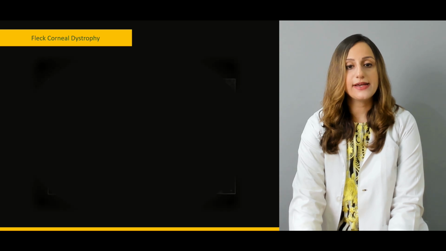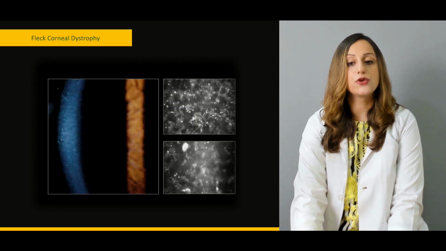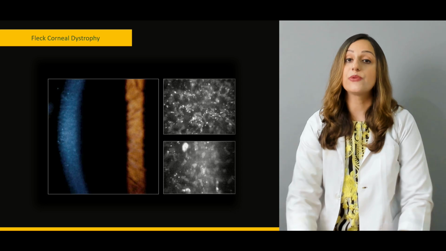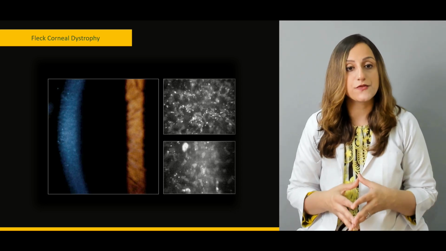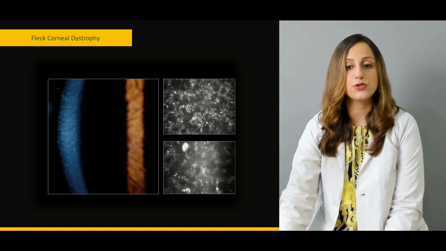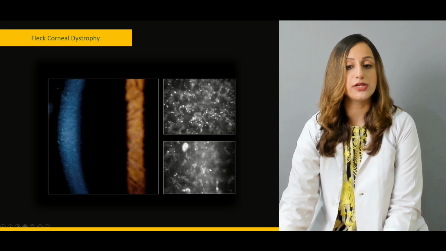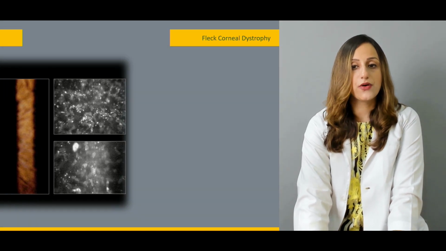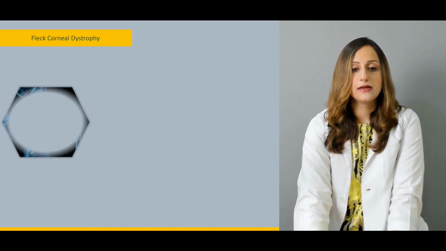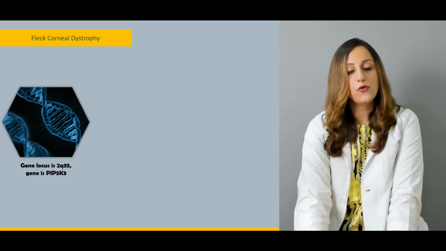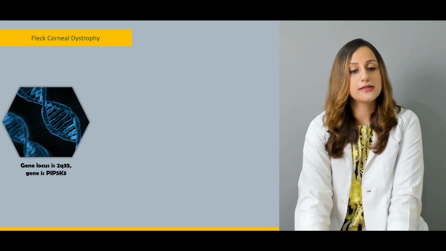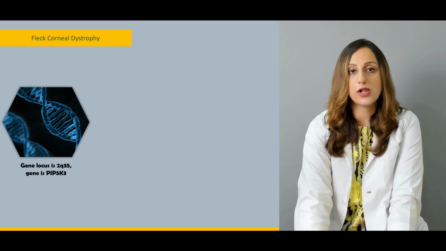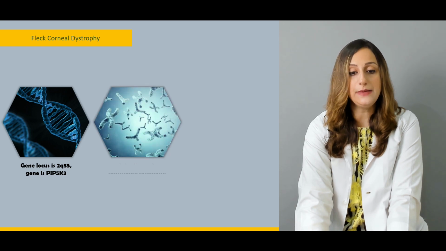Moving on, we have the fleck corneal dystrophy. Again, there is a granular pattern, but the granulations are quite excessive for this fleck variety. As you can observe, there are excessive granulations involving the epithelium and the stromal layer of the cornea. The genetic locus involved is 2q35, and the final gene affected is PIP5K3.